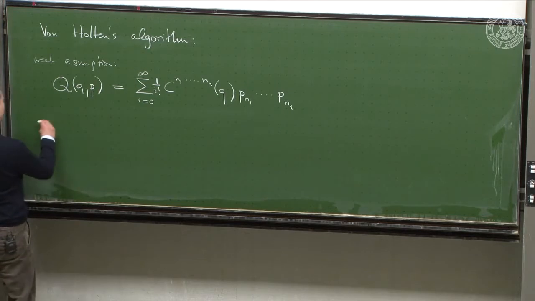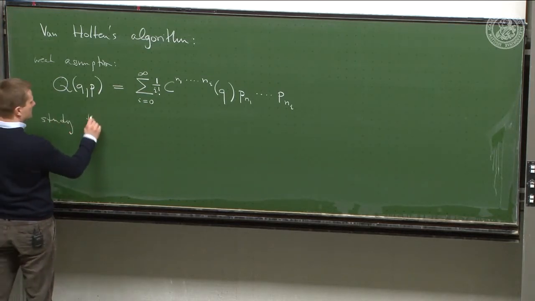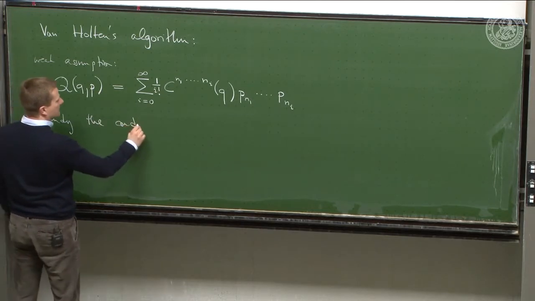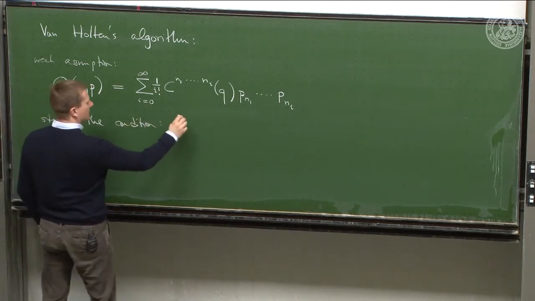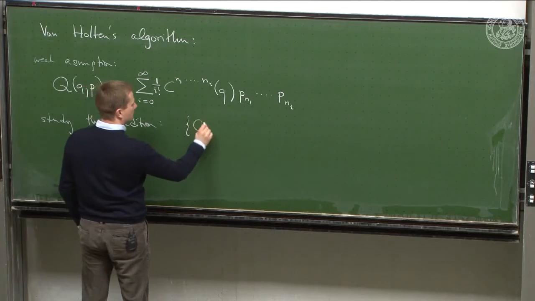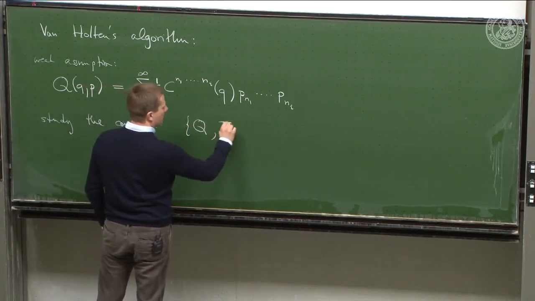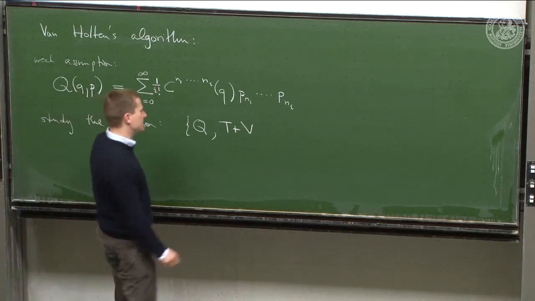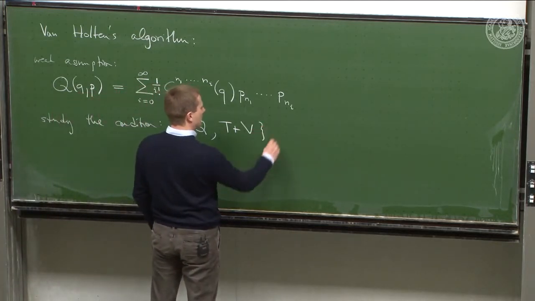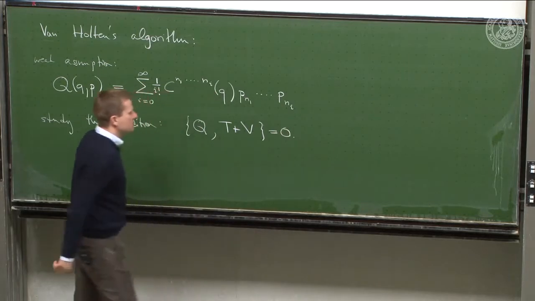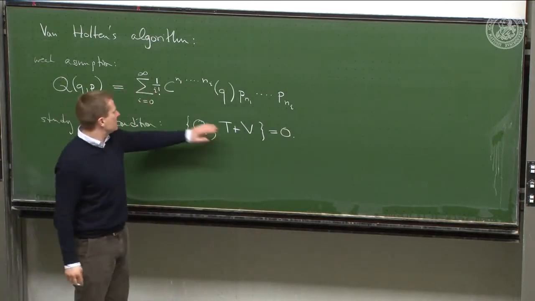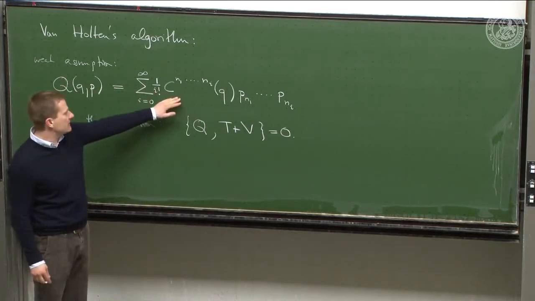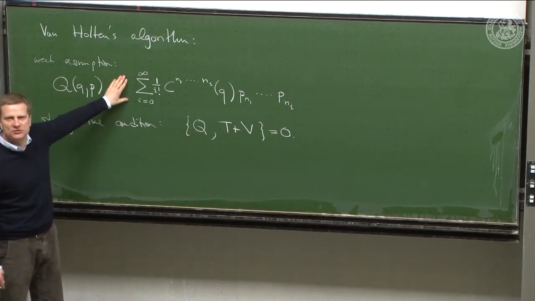And now we investigate or study the condition that Q is a symmetry. That means study the condition that the Q with the T plus V, I write the Hamiltonian explicitly like this because that's still the assumption, vanishes. What does this condition that an observable Q like this is actually a symmetry?